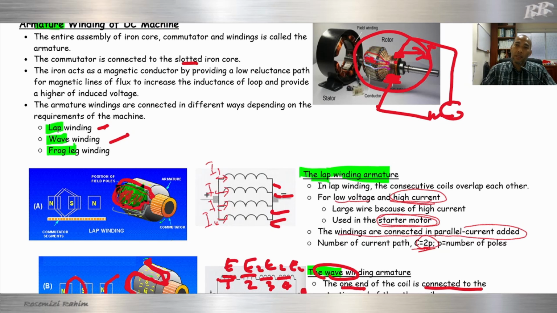So the induced voltage or induced current will flow through these two brushes to our external circuit, where we can use or store the generated current and voltage. Okay, that's all. Thank you.